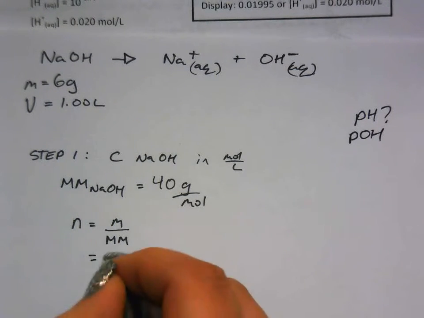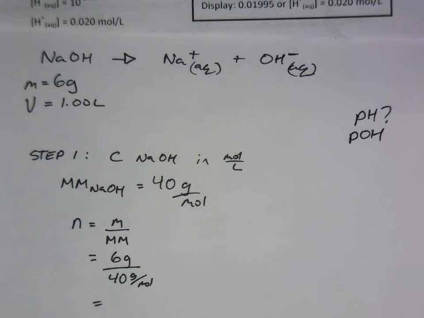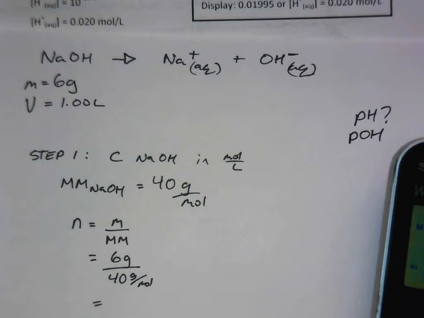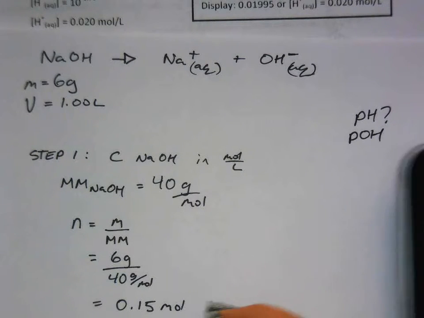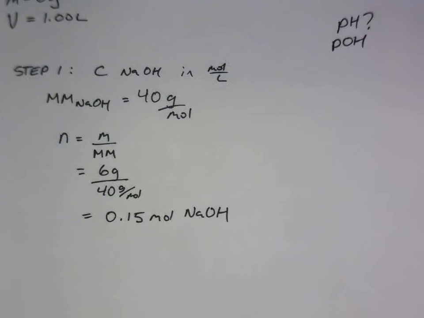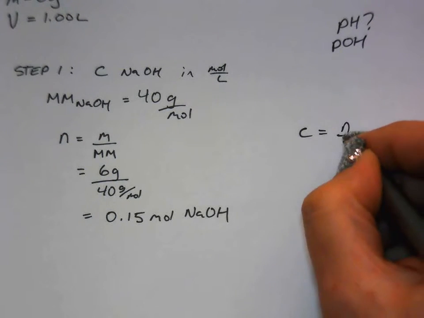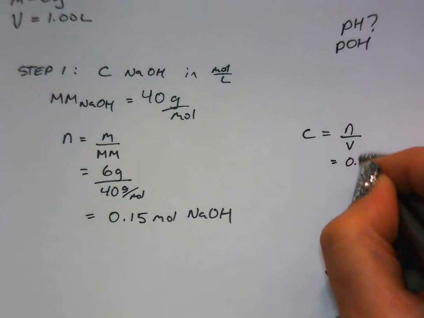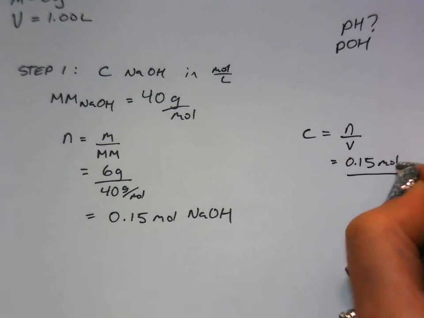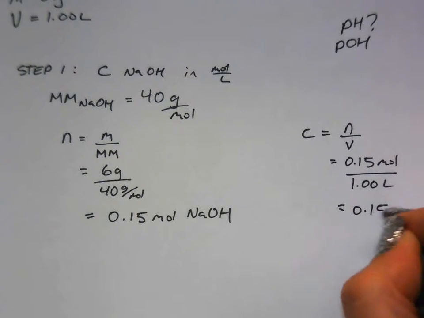That is 6 over 40, 0.15 moles of NaOH. Well, that's not concentration. Concentration is equal to moles divided by volume. 0.15 moles, and I've been told that it's 1 liter. 0.15 moles per liter.